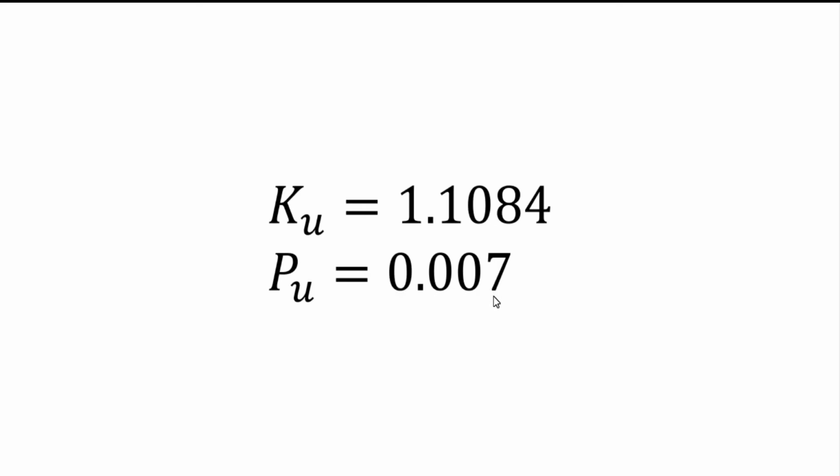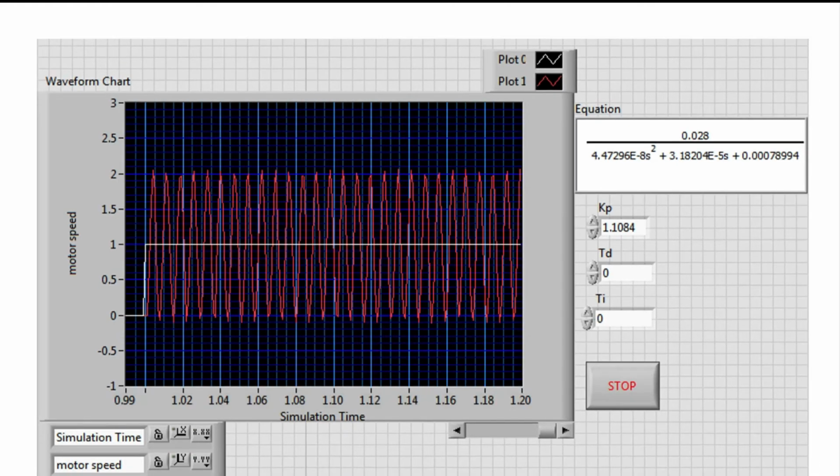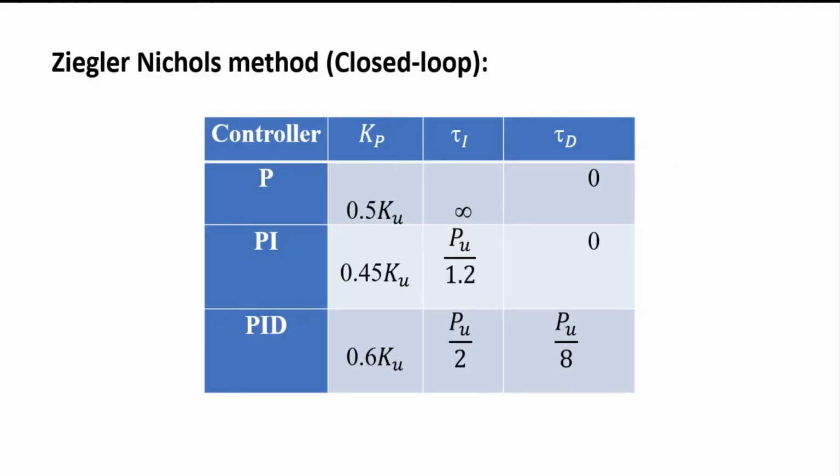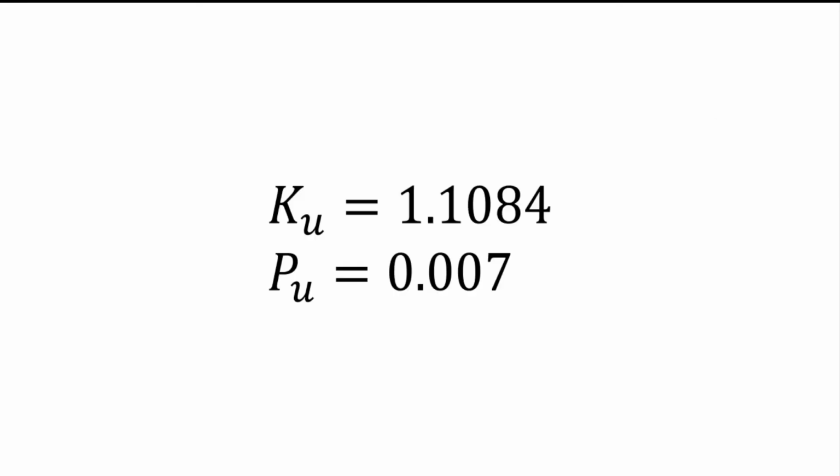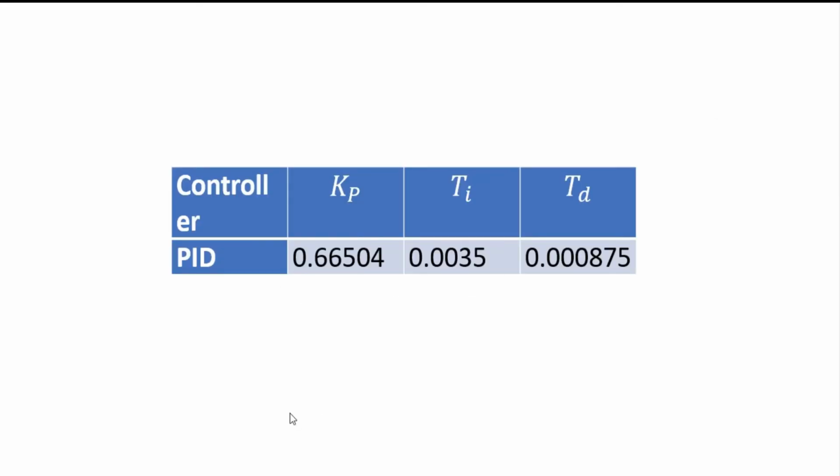Using these two values, I put them in this table, and using this I get the proportional, the proportional and integral, and the proportional, integral and derivative controllers using the Ziegler-Nichols method. My final PID controller using KU and PU gives these values.